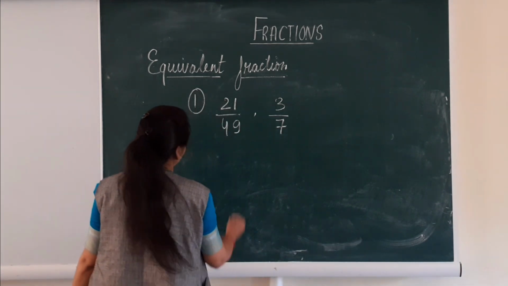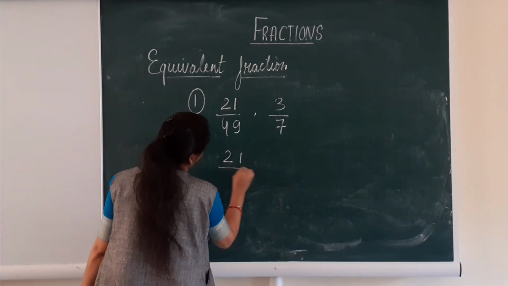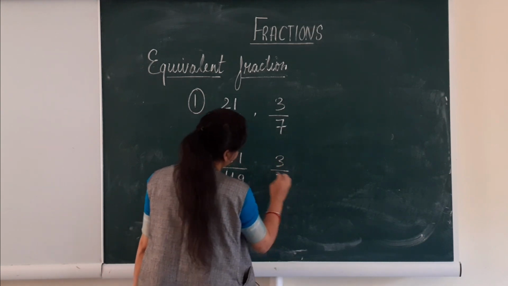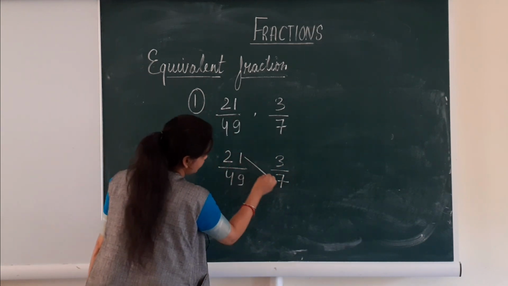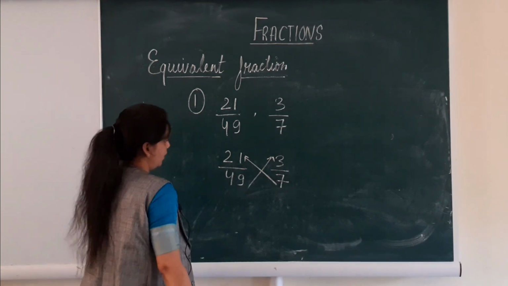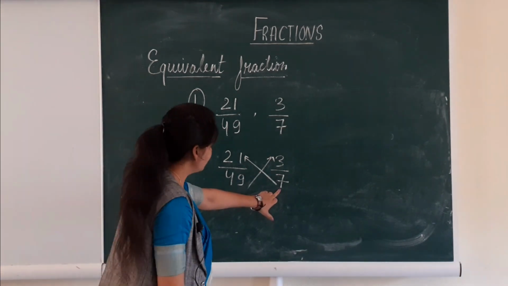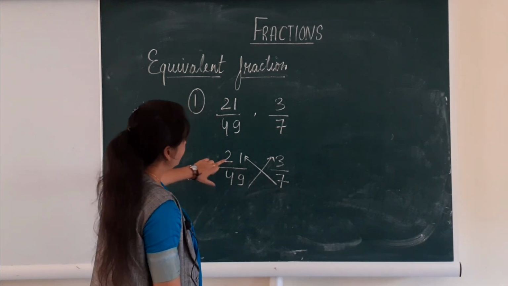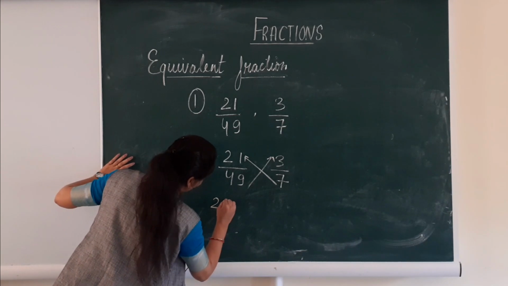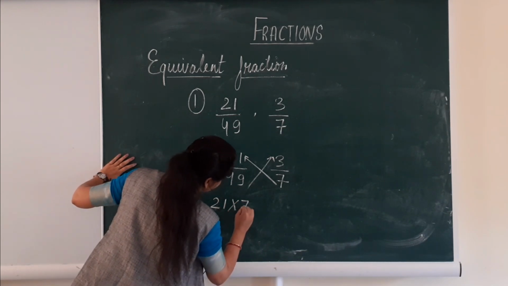So how to check? Very first step that you have to do is just cross multiply these two fractions. This is the way how to cross multiply. Now, this 7 denominator will get multiplied by this numerator 21. So here 21 multiplied by 7.